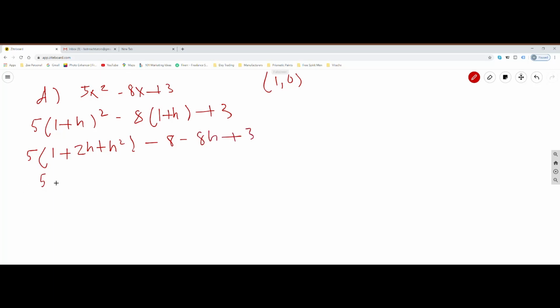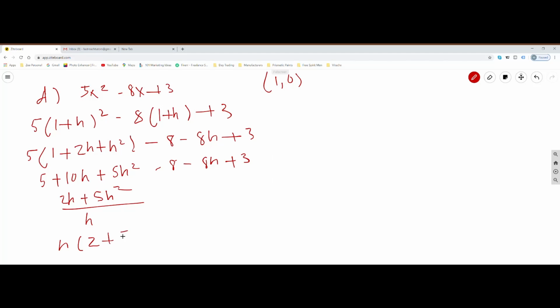You have 5 plus 10h plus 5h squared minus 8 minus 8h plus 3. So you're left with 2h plus 5h squared over h. Take out the h, you're left with 2 plus 5h over h. H is cancelled, so you're left with 2 plus 5h. When you substitute h equals 0, you're left with 2.